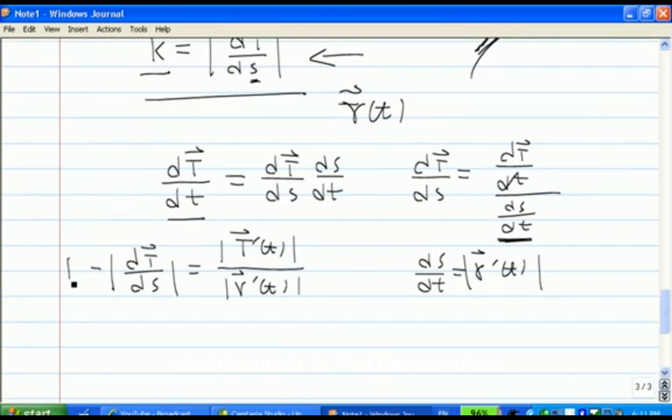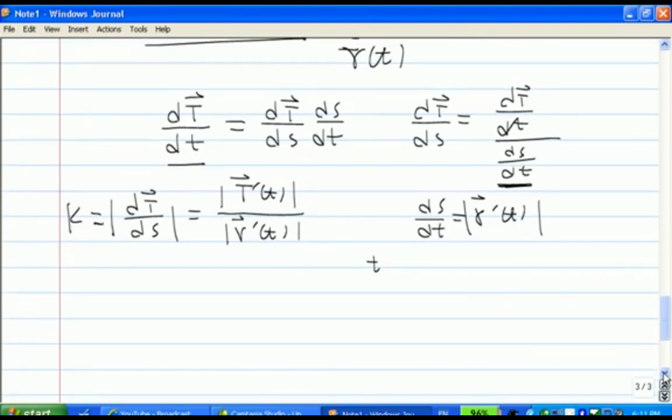This is your curvature, because we normally use an arbitrary t as a parameter. Also, if you only know r of t and don't want to find the capital T, we have another formula to find the curvature. Then you can use this formula.